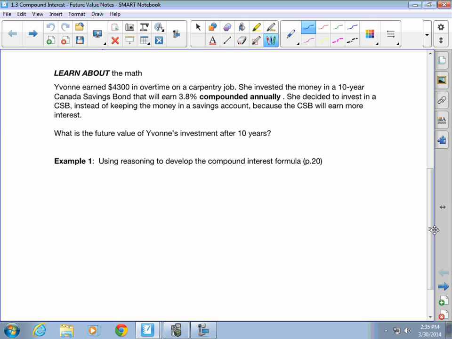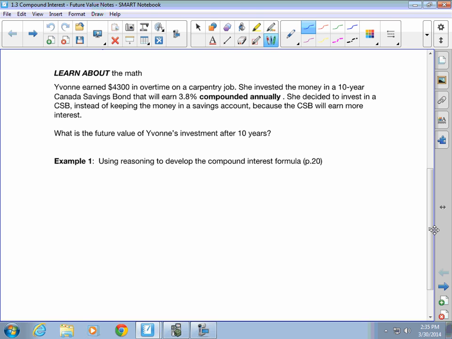Putting that much money into a regular savings account at your bank or credit union, generally the rates are very, very low. By actually investing it in something, you get a better rate of return. What is the future value of Yvonne's investment after 10 years?